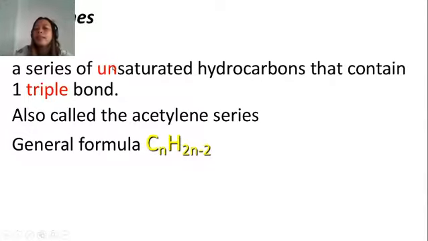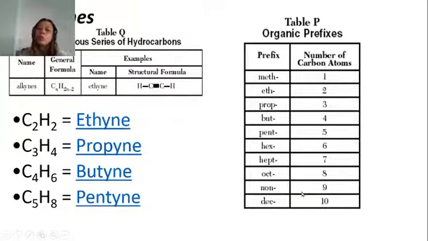So alkynes, another form of our unsaturated hydrocarbons. A series of unsaturated hydrocarbons that contains one triple bond. Meaning, kung single bond, alkane; kung double bond, alkene; triple bond, alkynes. Also called the acetylene series. So general formula is CnH2n minus 2. Kung plus 2 ang alkane, ari minus 2.